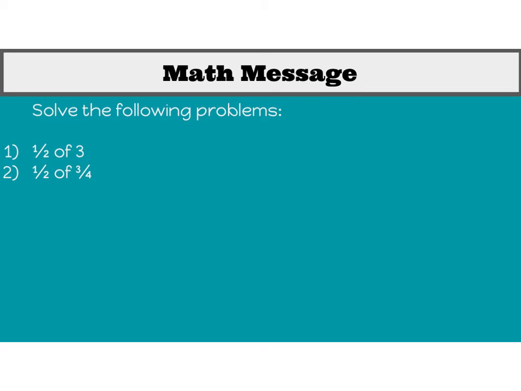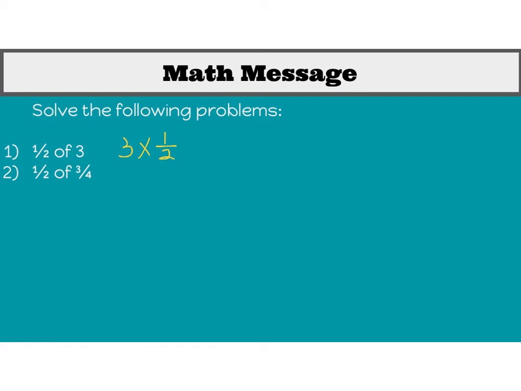So if we use our same strategy that we used on our warm-up today, we can take the 1/2 of 3 and turn it into a multiplication problem where it would be 3 times 1/2.